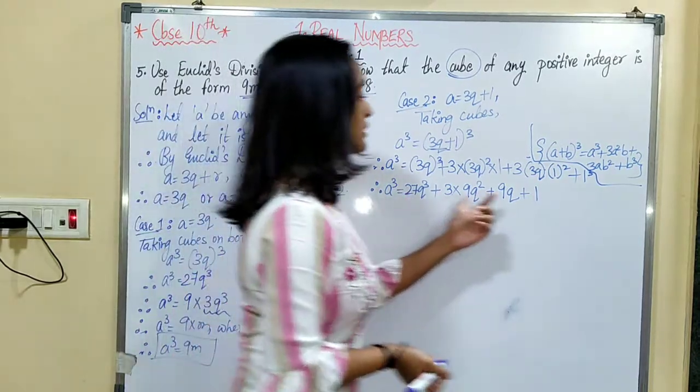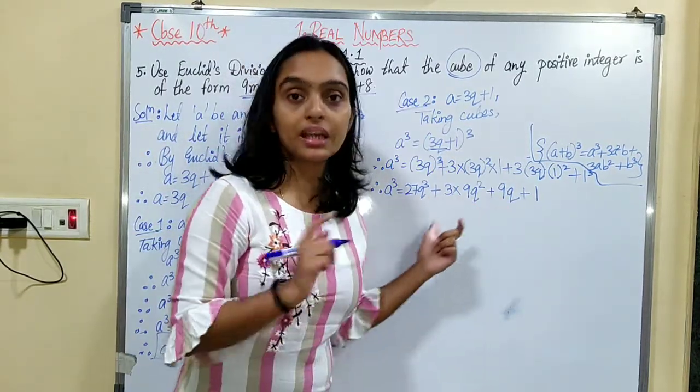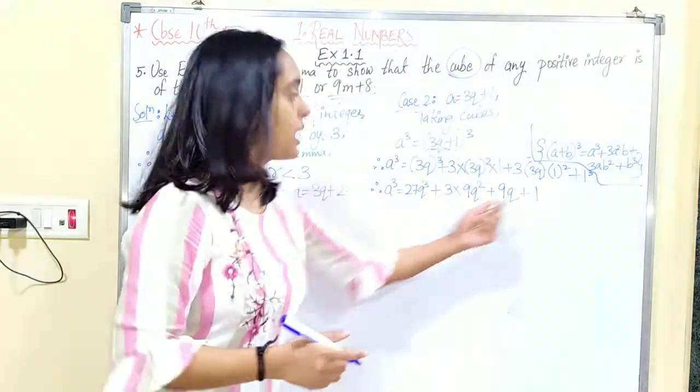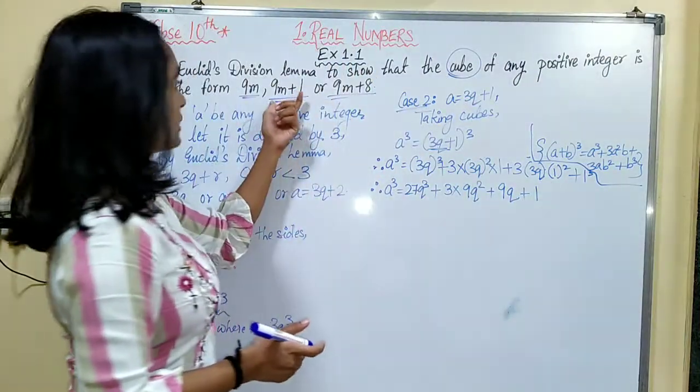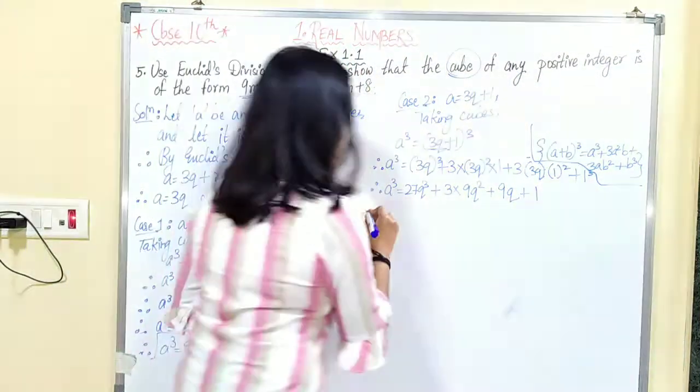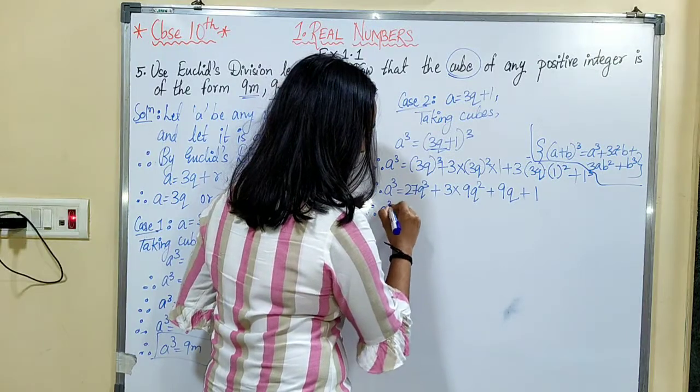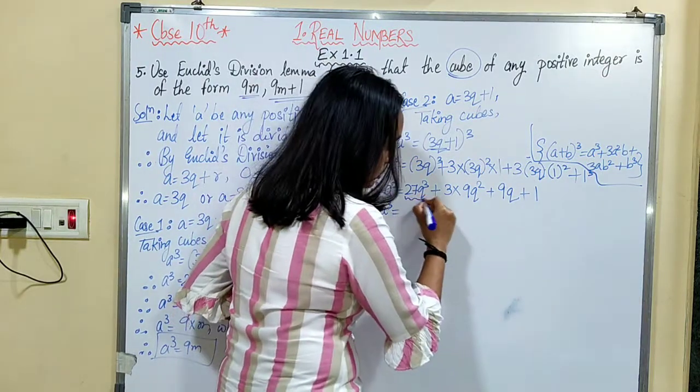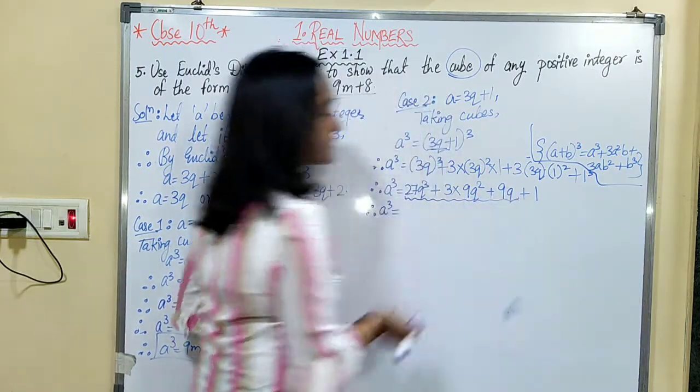So now we can see here you have to take 9 as common from all the terms and plus 1 like here. So therefore a cube will be what? We will take 9 common from all these 3 terms.